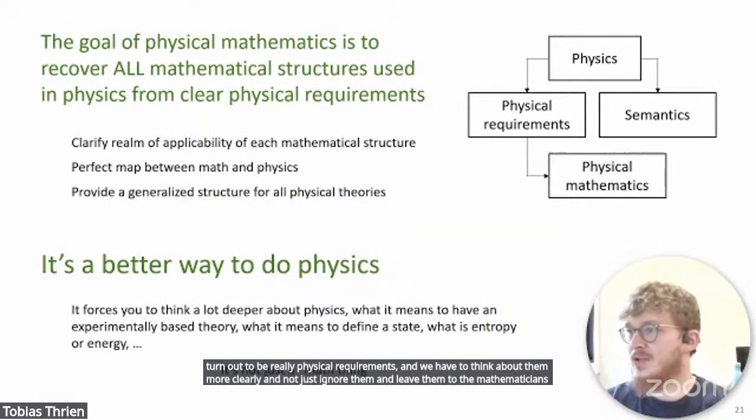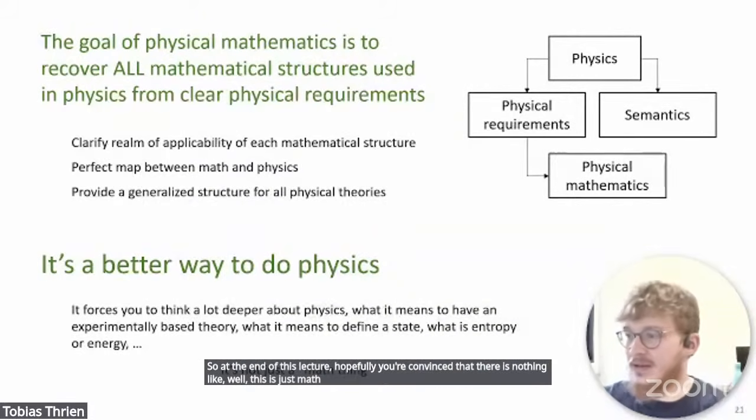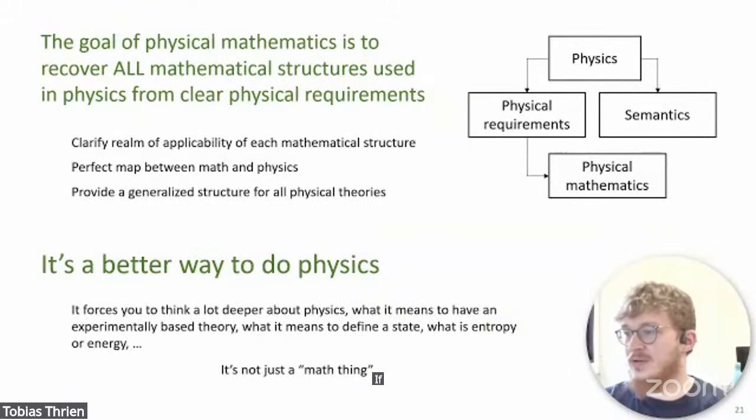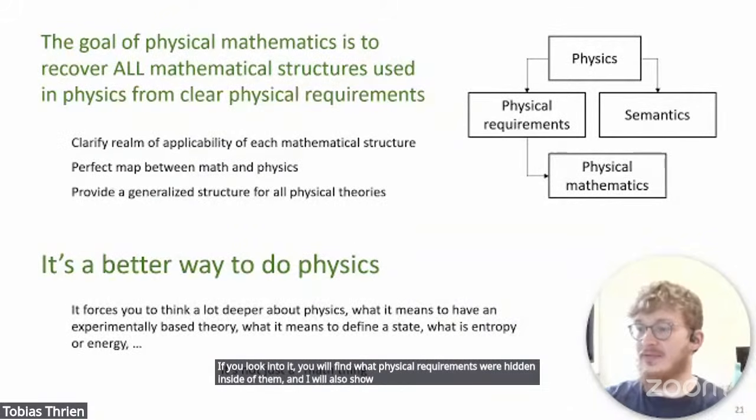So at the end of this lecture, hopefully you're convinced that there is nothing like, well, this is just math. If you look into it, you will find what physical requirements were hidden inside of them, and I will also show you how you can recover the math again from these physical requirements.